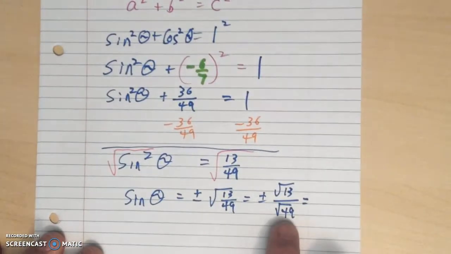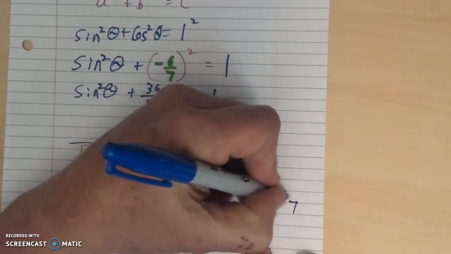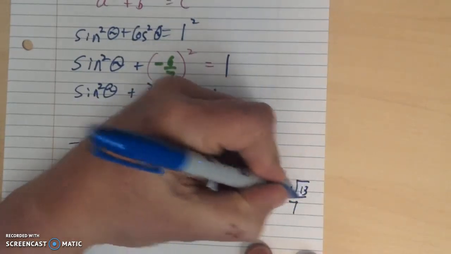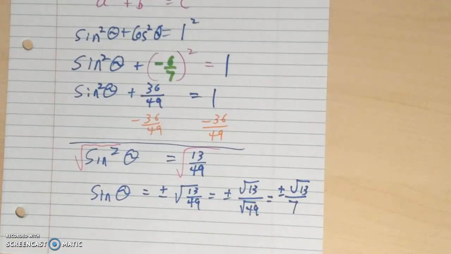Well, what's the square root of 49? The square root of 49 is 7. Can't really do anything with radical 13. Now, we figured out so far that the sine is either plus radical 13 over 7 or minus radical 13 over 7.